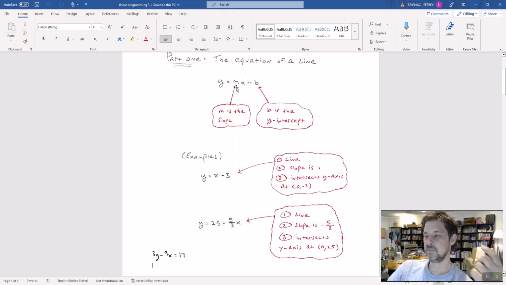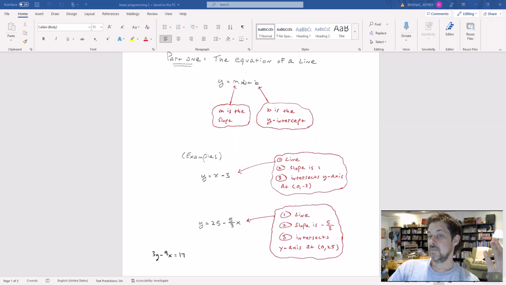I won't go into much detail about the slope now. It's m times x. What number do you see there in front of the x? You don't see one, it just says x, but if you had to say there was a number, it would be a 1. And so the slope is 1.